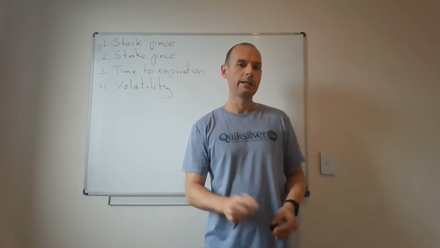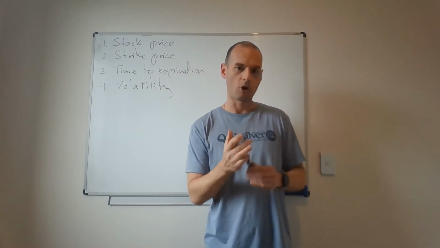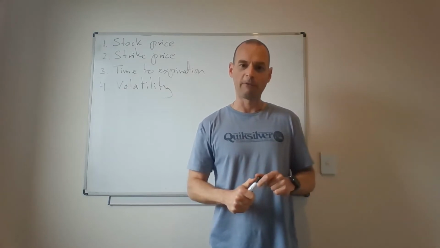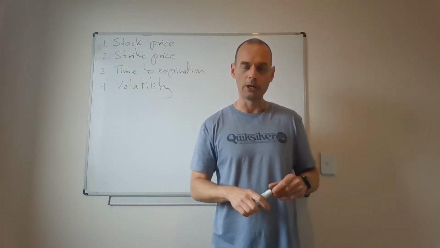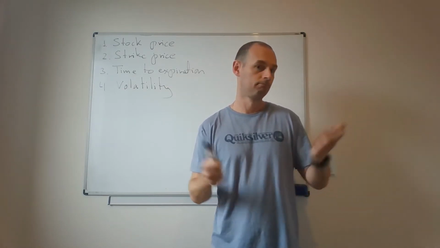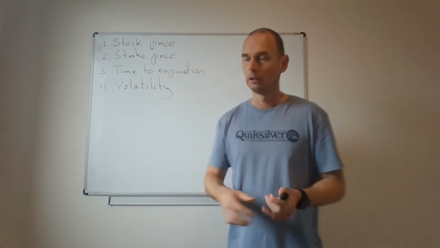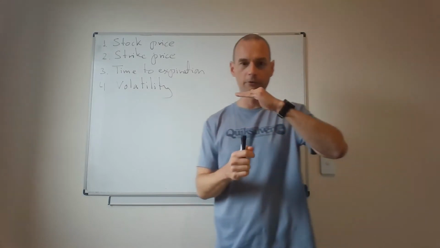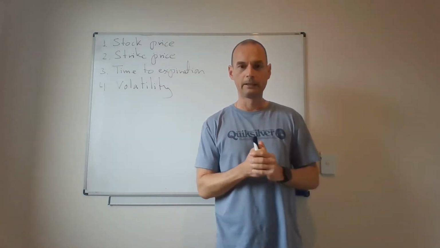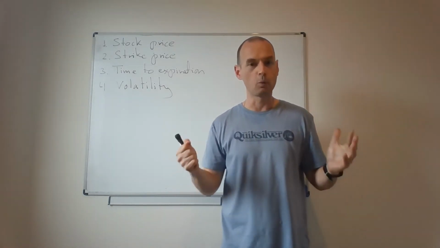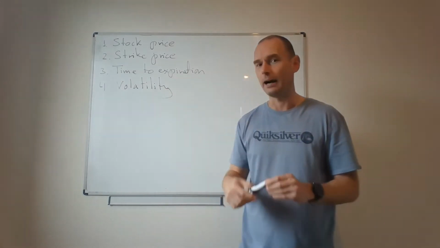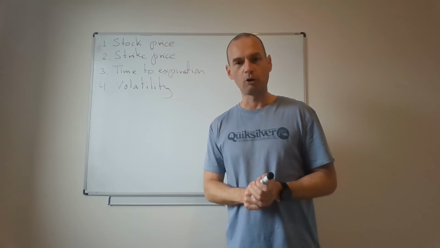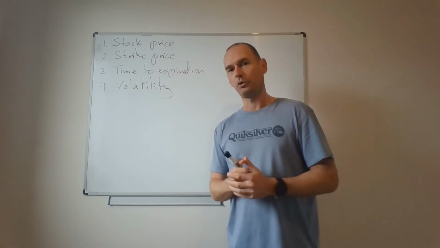Okay. Why do options exist? Options exist because at the end of the day, we just don't know what the value of the asset is going to be at some point in the future. If there was no volatility, if the prices were completely certain, options simply would not exist. So the higher the volatility, the more valuable the option is. Think of it this way.